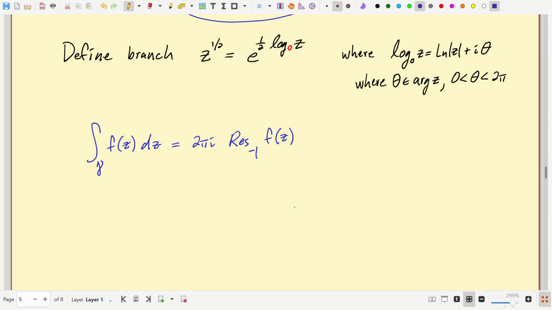Let me calculate the residue at minus 1 of f of z. I'll pull out the 1 over z plus 1, that's z minus minus 1. And then what I have is 1 over z to the 1/2.